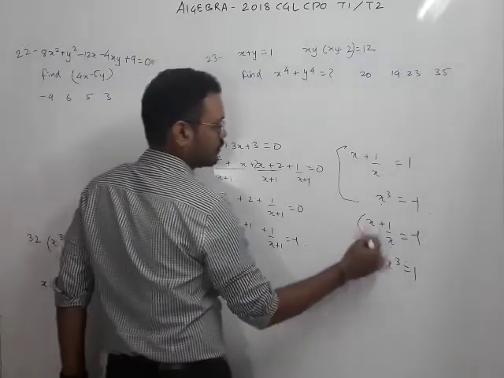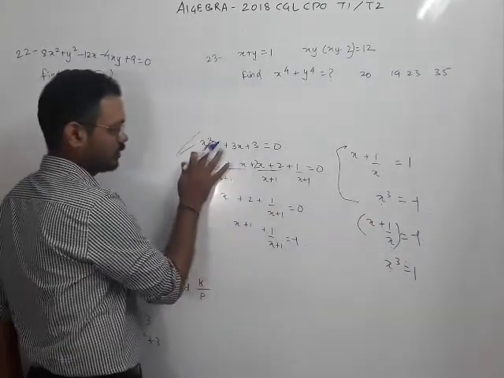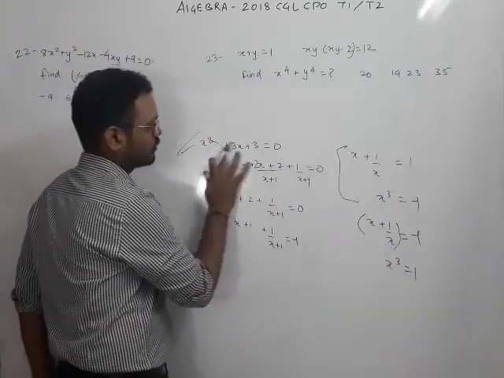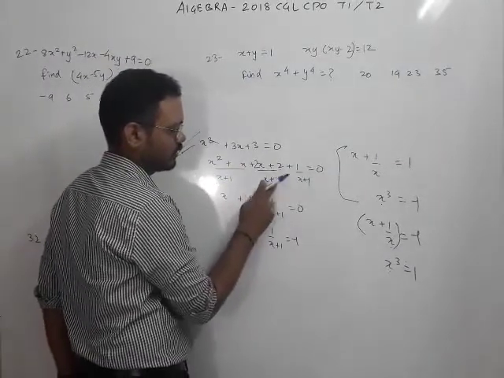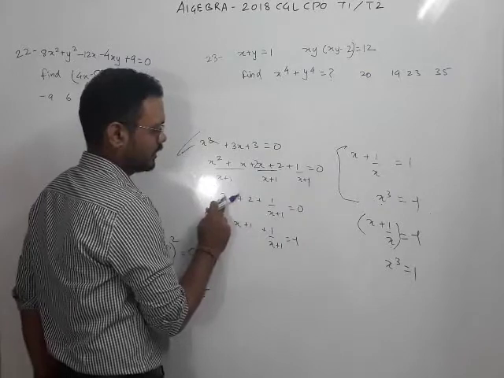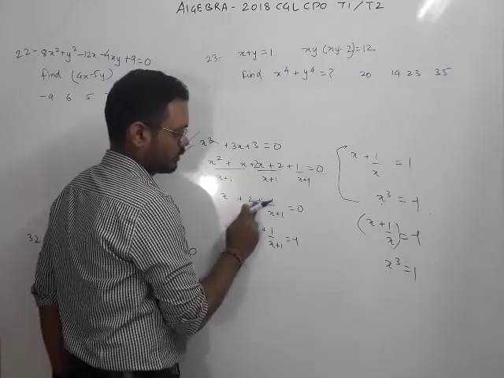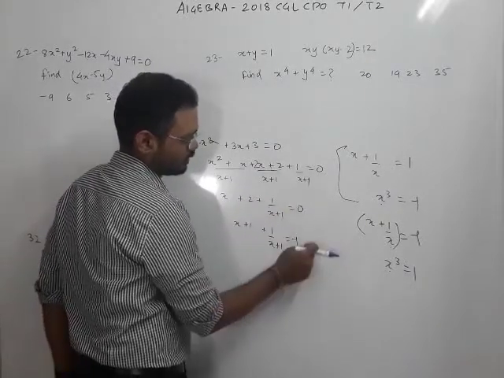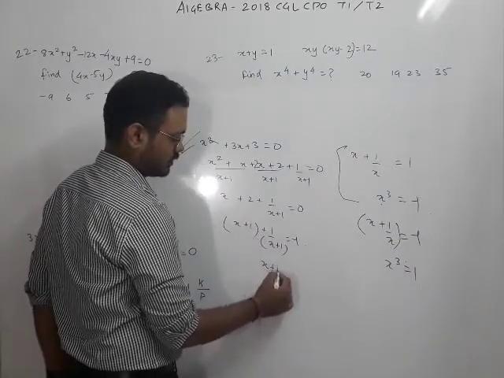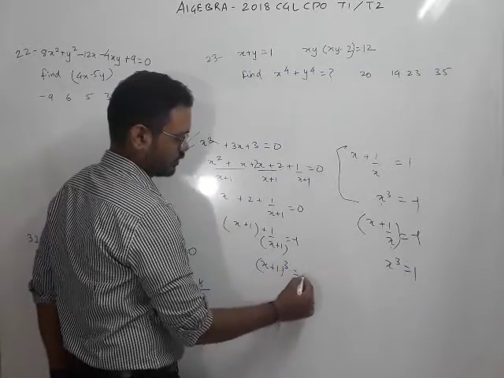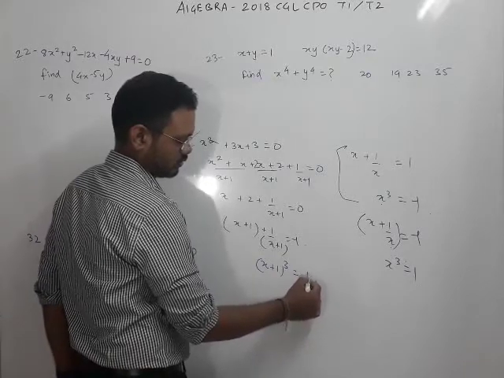Because by dividing this equation by x plus 1, I am getting x plus 1 plus 1 upon x plus 1 is minus 1. This also implies x plus 1 the whole cube is 1.